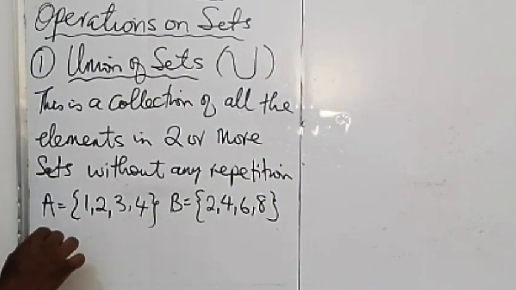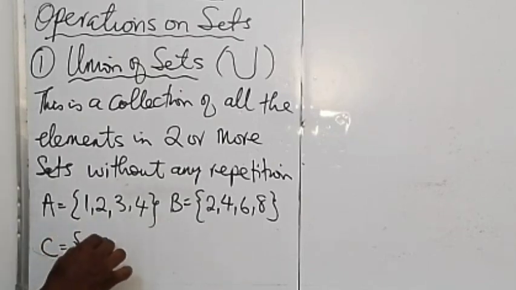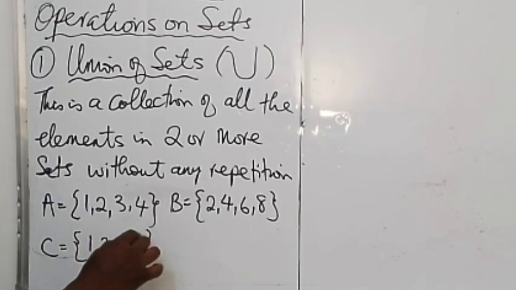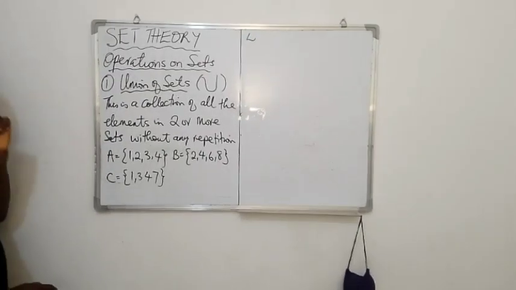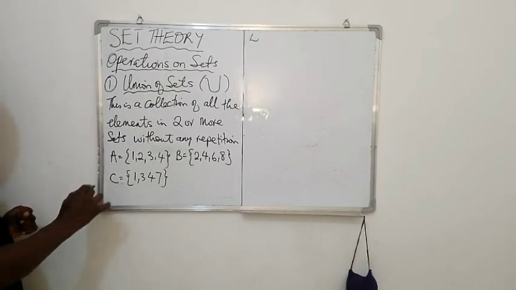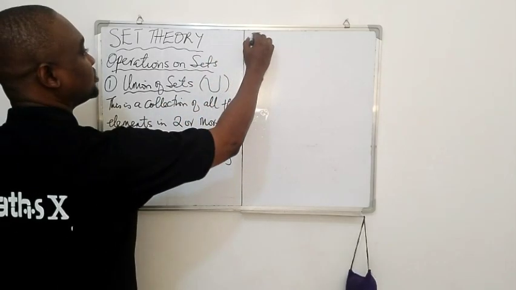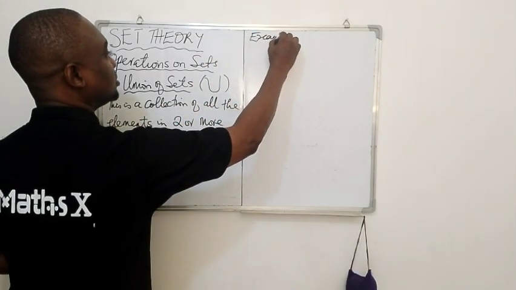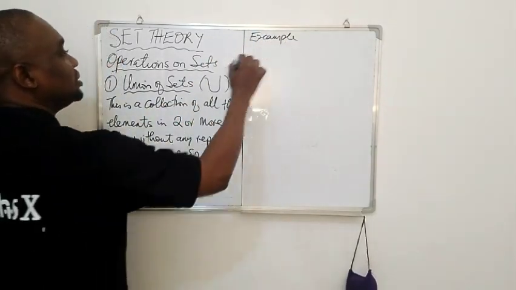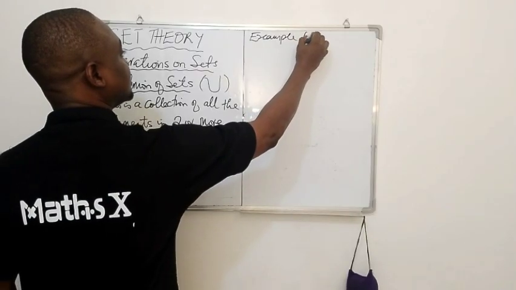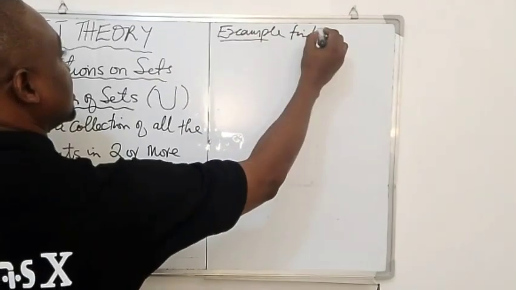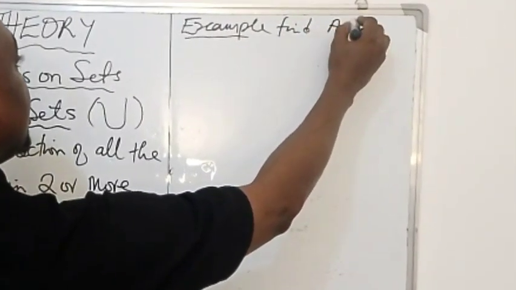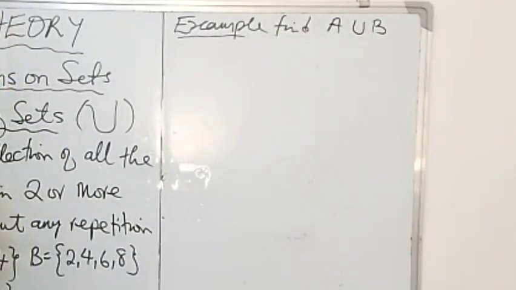And then a third set, C, is 1, 3, 4, 7. So for our first example, find A union B.